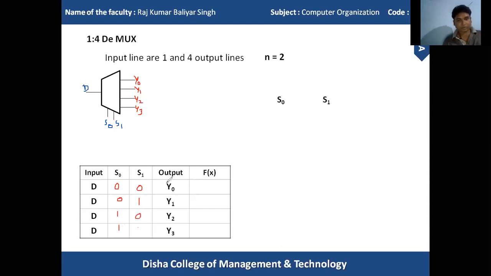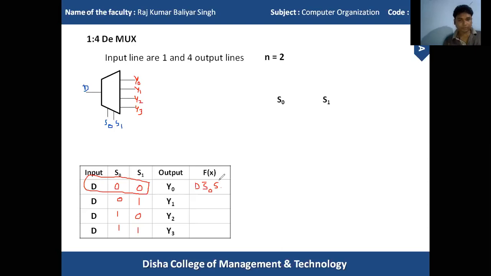Okay, so for f of x, we are not bothering about this, we have to make a function by just using these two input values, S0 value and S1 value. So D is constant here, D cannot be changed, D is the same for all control line combinations, that is S0 naught, S1 naught.